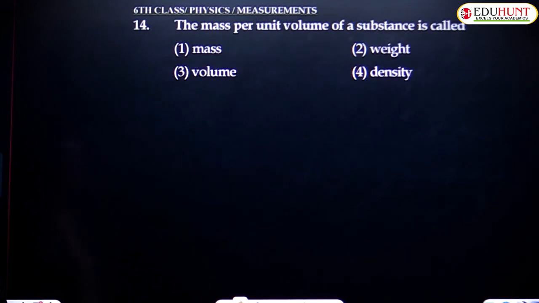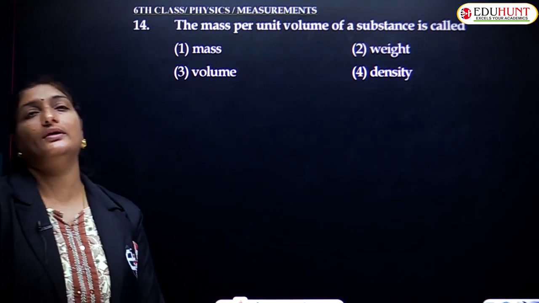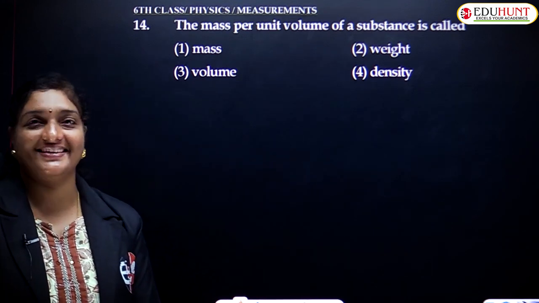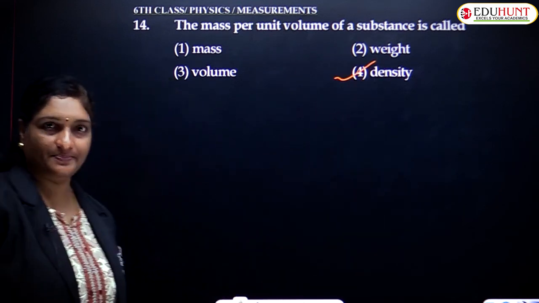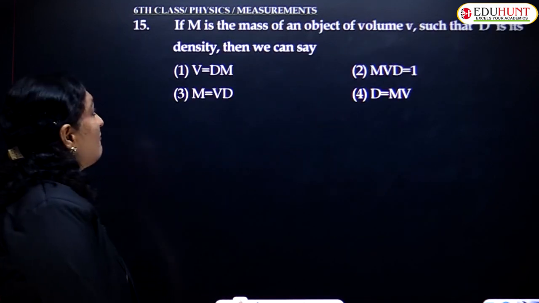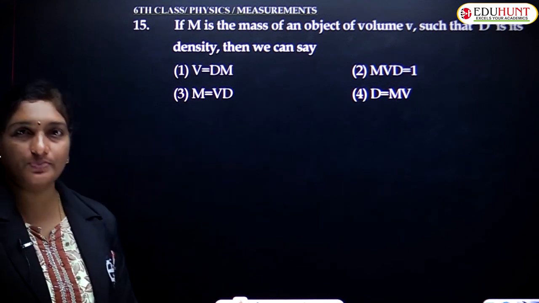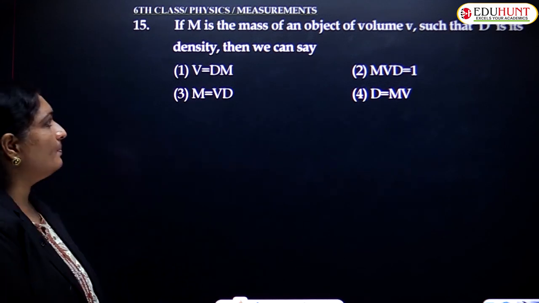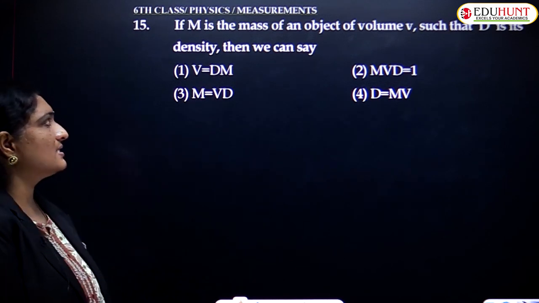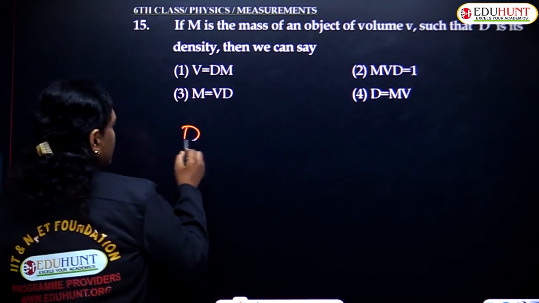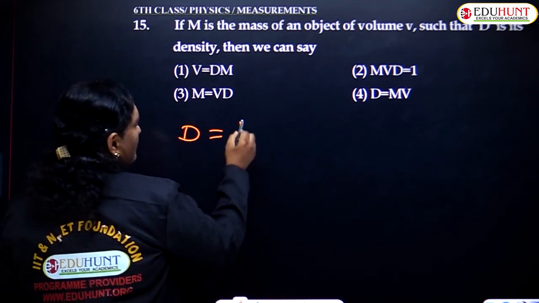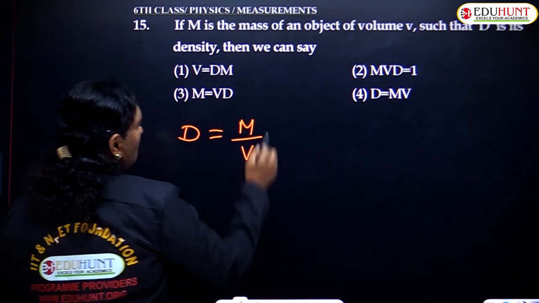Next, the mass per unit volume of a substance is called density. Yes, this is your right answer. If m is the mass of an object, v is the volume, and d is its density, what can we say? Symbolically, density d equals m, mass, by v, volume.